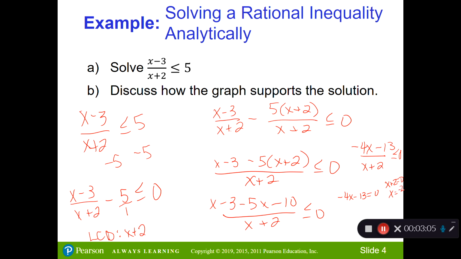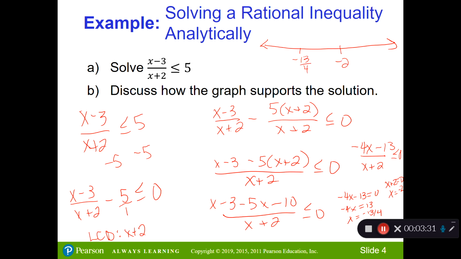So this is x equals negative 2, and this would be x equals negative 13 fourths. Now we plot those on a number line. Negative 13 over 4 is negative 3.25, and negative 2 is here.